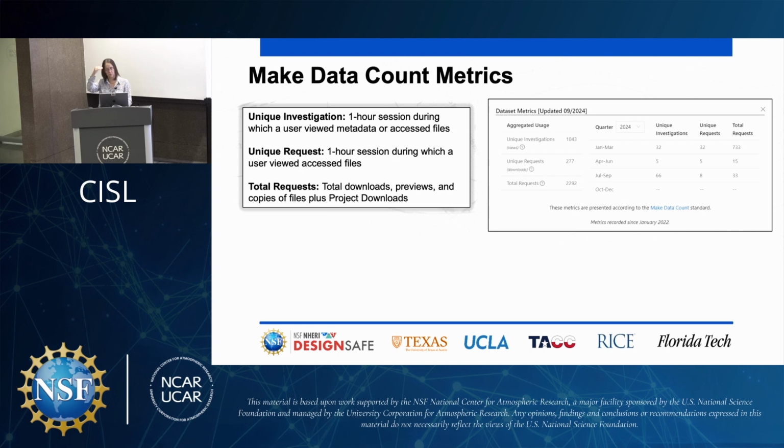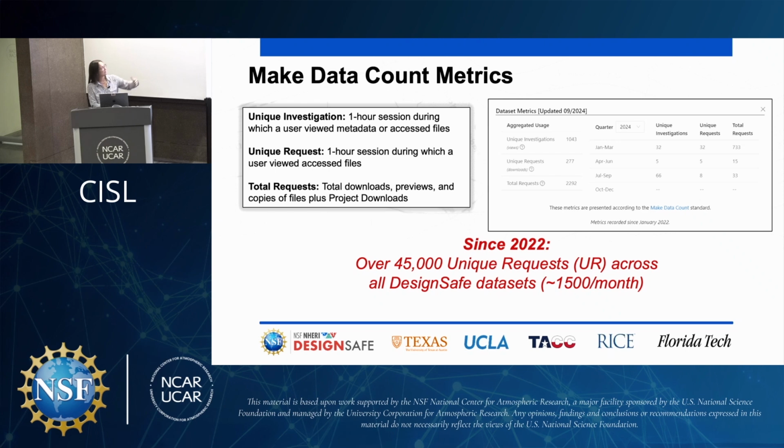So a unique request is always fewer than investigations. Okay? But the key is the 1-hour session. That's how we try to normalize the 1 million files versus the 1 file. And then the total requests is where we just plop it all together. So you can see here, for the ArcStorm data set, 1,000 unique investigations, 277 unique requests, 2,200 total requests.